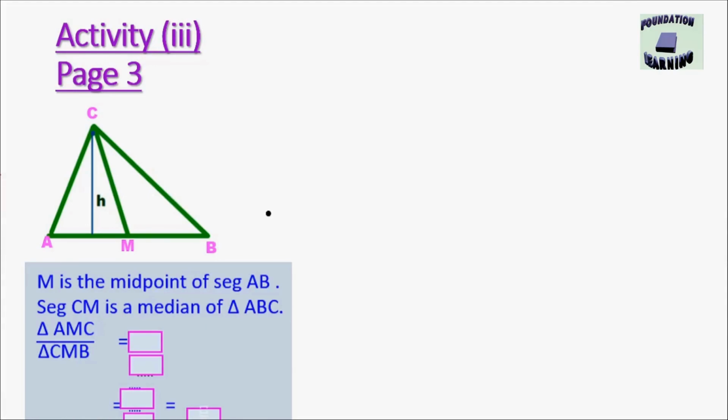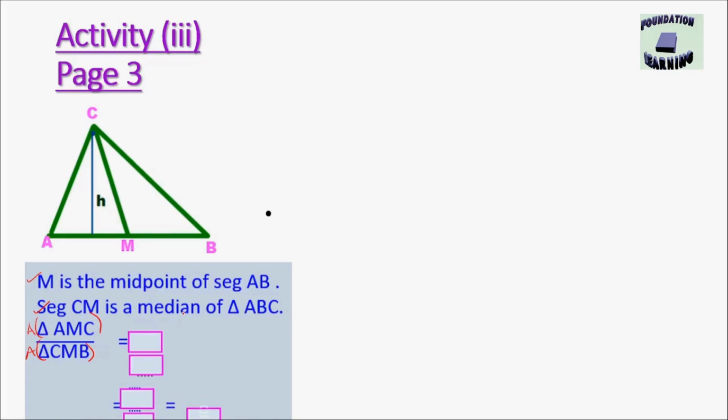In the figure, M is the midpoint of seg AB. That's the question. M is the midpoint of seg AB, CM is the median of triangle ABC, and area of triangle AMC upon area of triangle CMB is equal to dash upon dash, which is equal to dash upon dash, which is equal to dash.